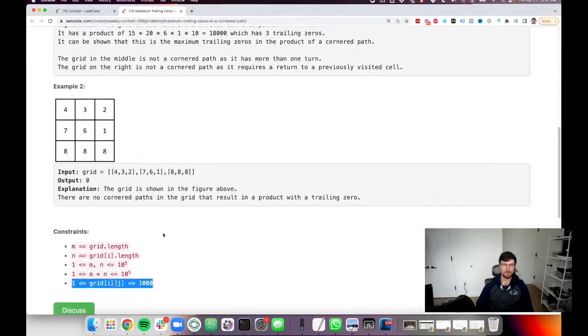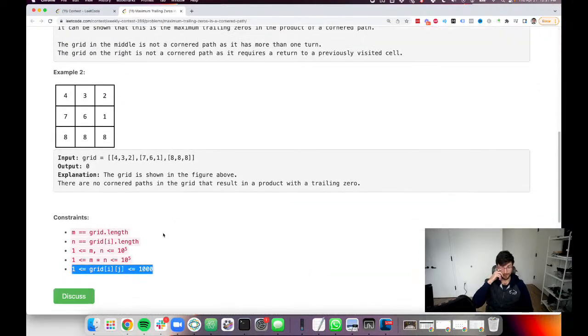Our brute force solution should hopefully be fairly self-explanatory: let's try all of the cornered paths and determine the number of trailing zeros.